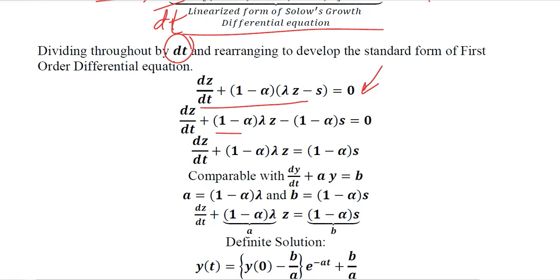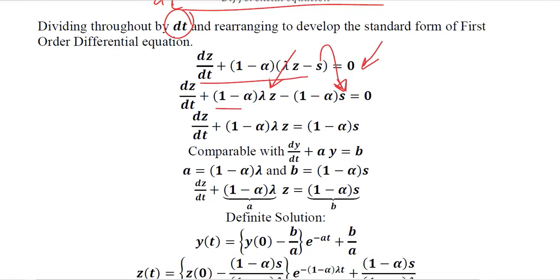Now 1 minus alpha can be multiplied with this term primarily and with this term, that is s. So we multiplied it on two sides, and now we are in a position to say that z is that variable, the derivative of which is here, and then z is there with power 1, and this is a term which is a constant and contains no variable as z.